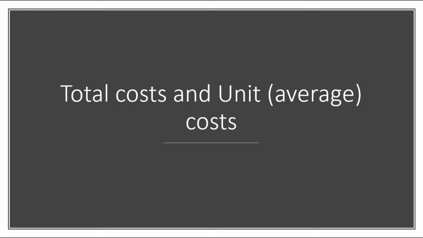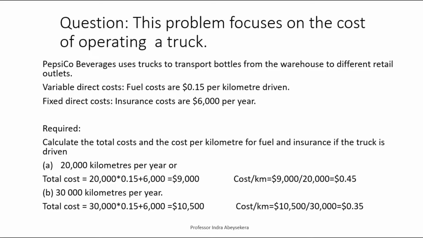There are total costs and there are unit costs. In the example of an enterprise that transports bottles from the warehouse to different retail outlets, the variable costs are the fuel costs and the fixed costs are insurance costs.